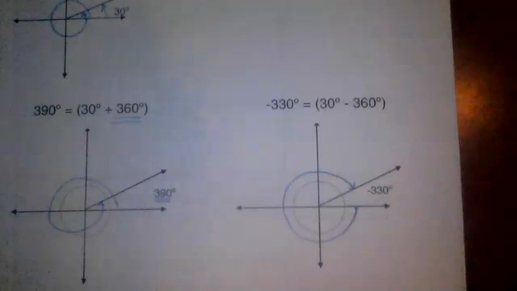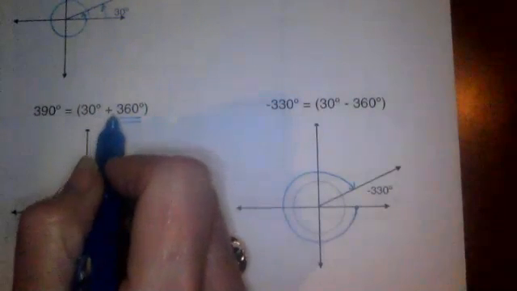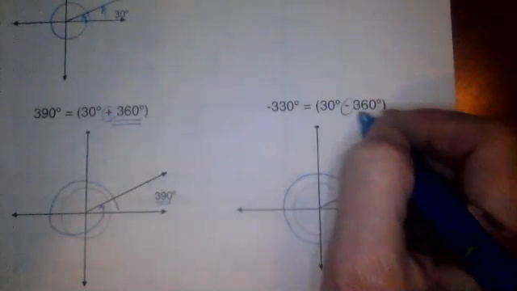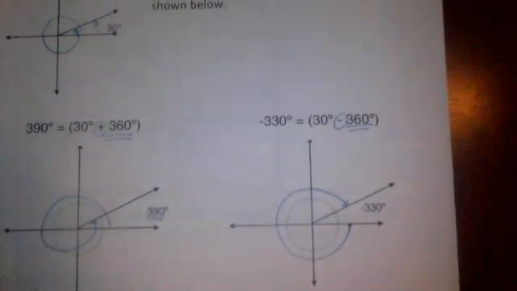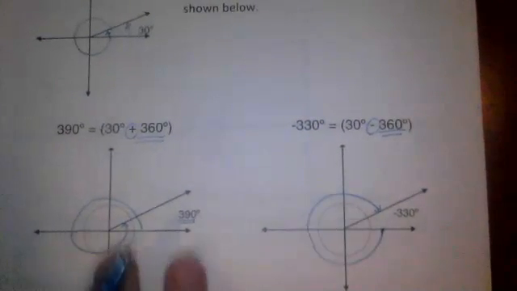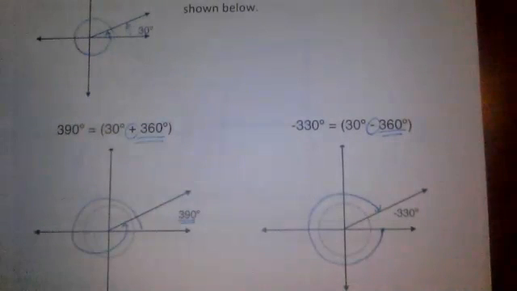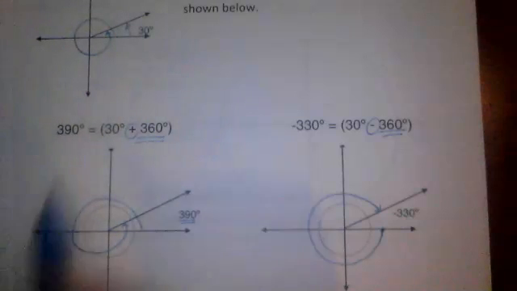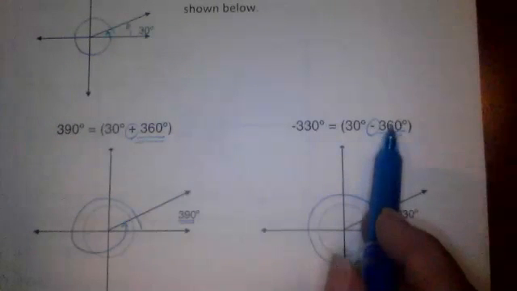And when I do that, I'm really just subtracting the rotation. So I'm adding a rotation here and subtracting a full rotation here, but both of these angles end in the same place as 30 degrees. So all three of these are called coterminal angles that end in the same place. So we can find those angles by adding a rotation or subtracting a rotation.